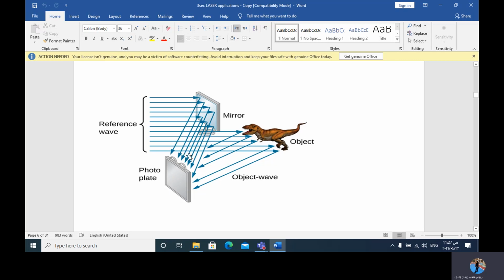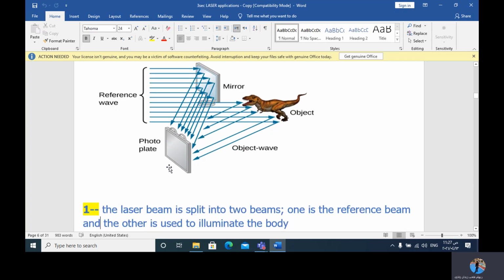The reference beam and the reflected rays will interfere with each other and form fringes here. As you studied last year, the interference of light can form fringes, and these fringes can indicate the image. So here, the photographic plate will record the fringes of the interference between the two beams, the reflected rays coming from the object and the reference beam. This is how a hologram is formed.